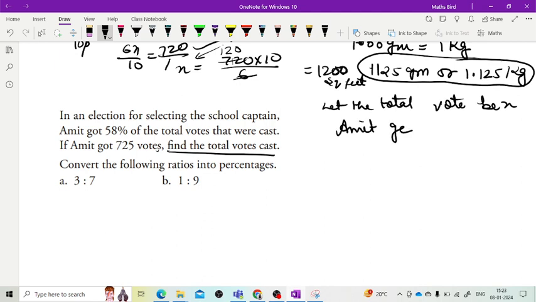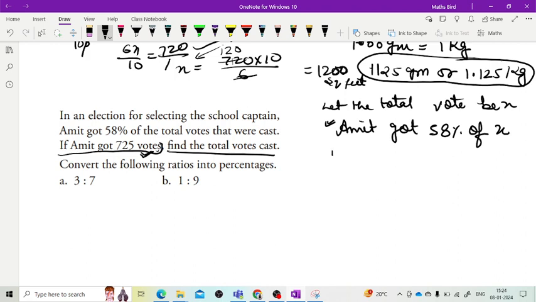Amit got 58% of x. क्यों? Because total vote we are assuming x, that's why Amit got 58% of x. And Amit got 725 votes. Both are same now.